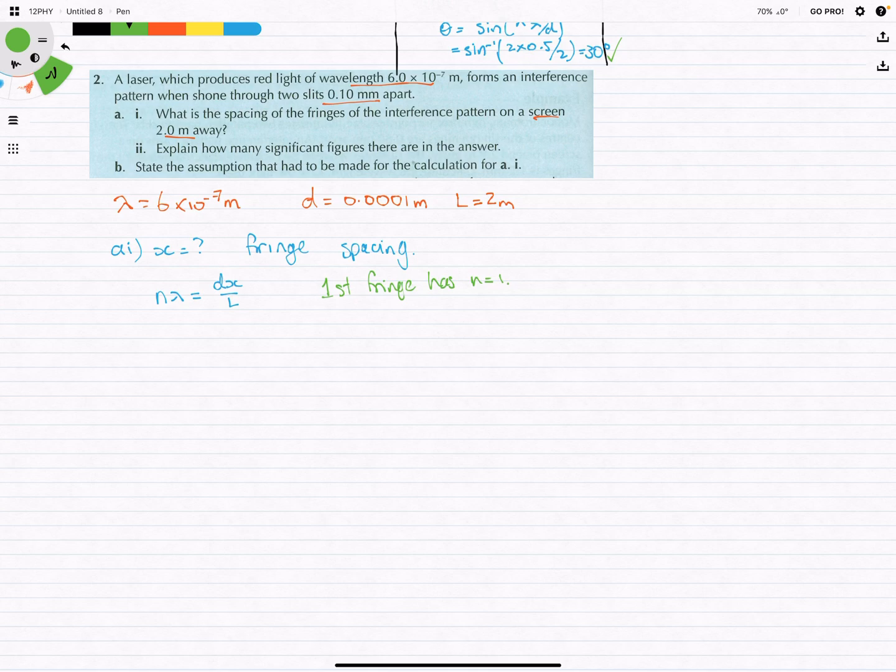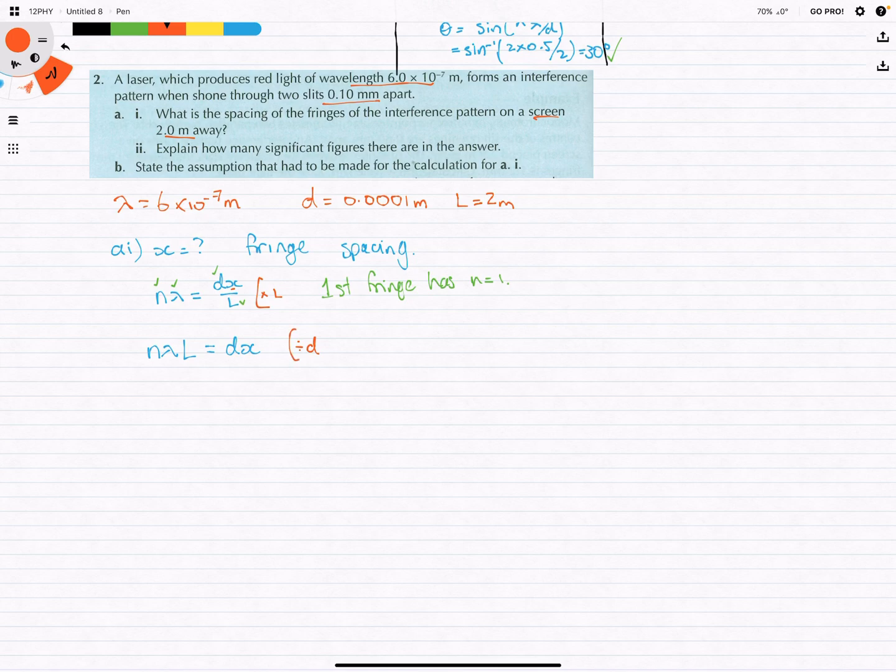So let's look at this equation. Do we know n? Yes. Do we know the wavelength? Yes. Do we know the separation of the slits? Yes. Do we know the distance of the screen? Yes. And there's the thing we're looking for, x. So let's rearrange this equation. We start by timesing both sides by L, to get n lambda L equals dx, and then we divide both sides by d.